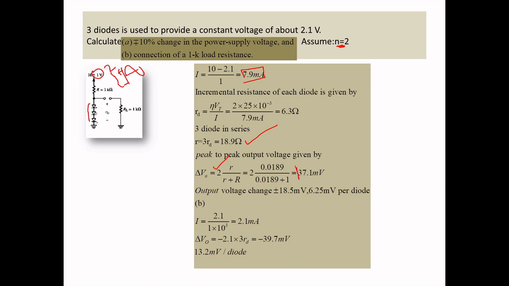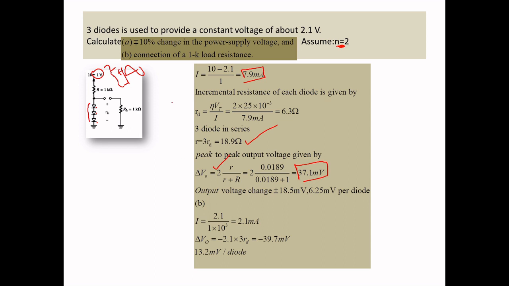It gives a value of 37.1 millivolt. So the output voltage changes by 18.5 millivolt for each part: the positive part changes by 18.5 and the negative part by 18.5 millivolt. Dividing by 3, each diode has a change of 6.25 millivolt.